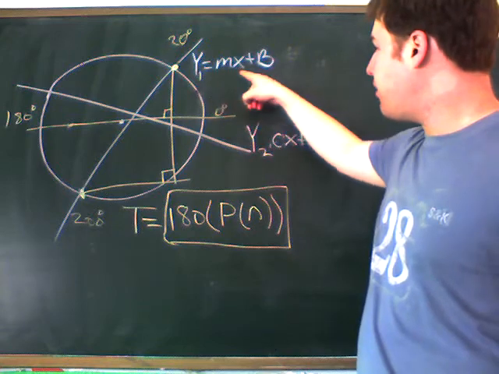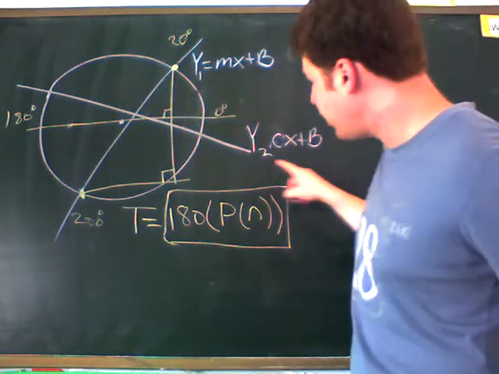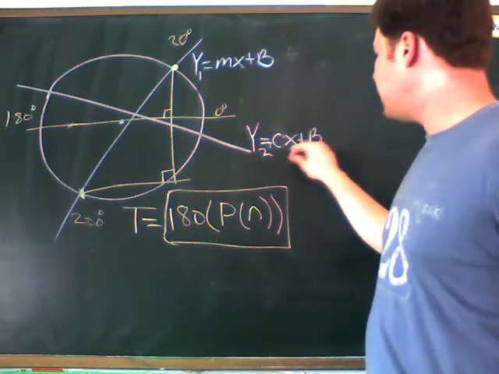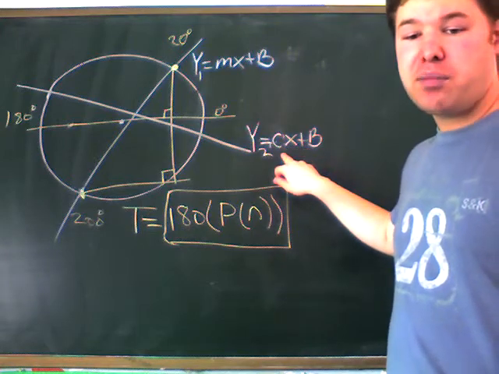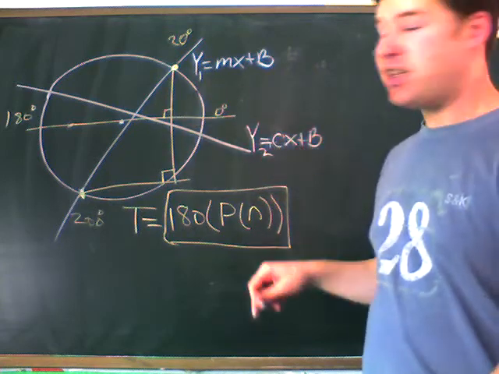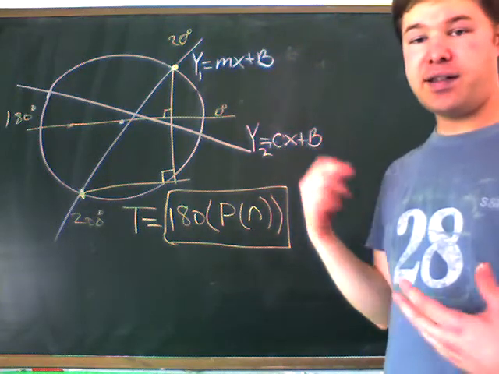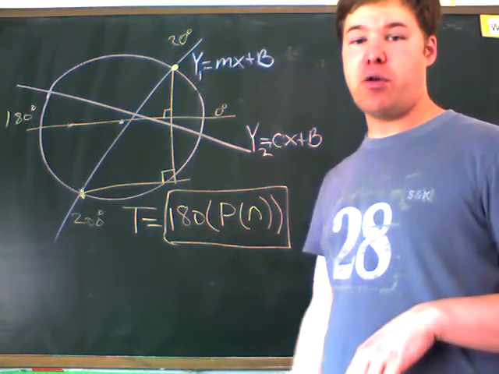So y1 equals mx plus b, and y2, this line, is going to be cx plus b. Obviously, we need to use a different variable here because the angle is different, and this first term right here is our delta y over delta x, the angle, the change in slope.